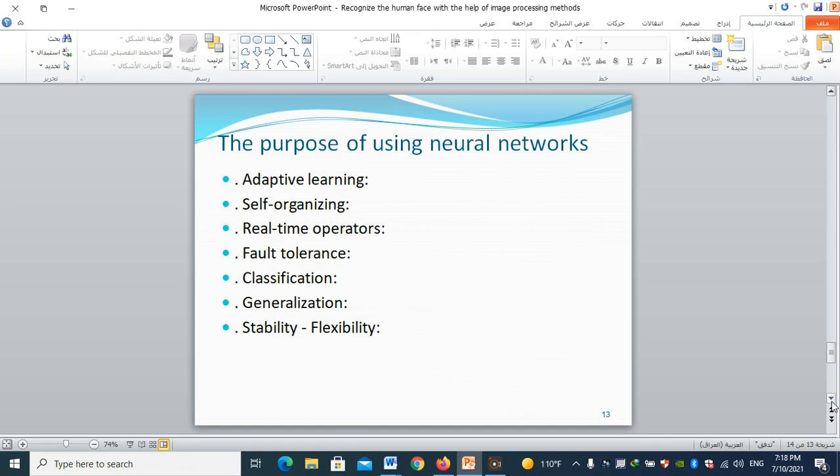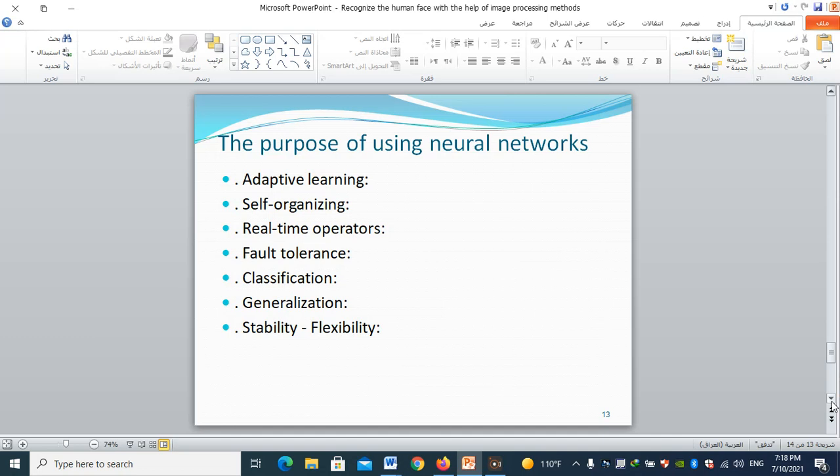Neurons adapt to the learning rule and the response to input change. The third one is real-time operation. Computation in an artificial neural network can be done in parallel with special hardware designed and built to get the best result from the capabilities of artificial networks.